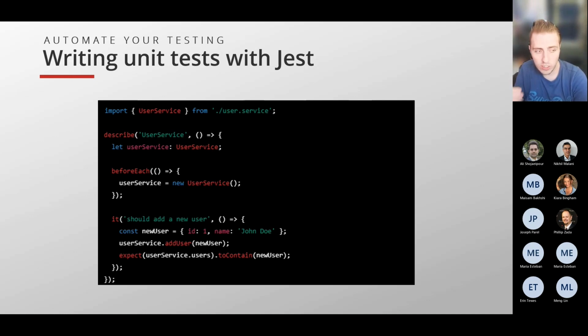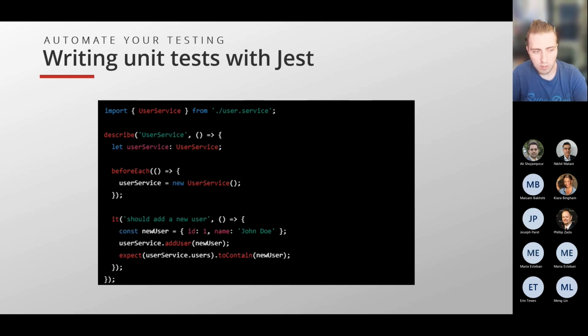The test should only go through and actually say, okay, we are creating a user, putting it into the user service, and then testing that the user service contains that new user. We have down the bottom, the expect user service.users to contain new user.